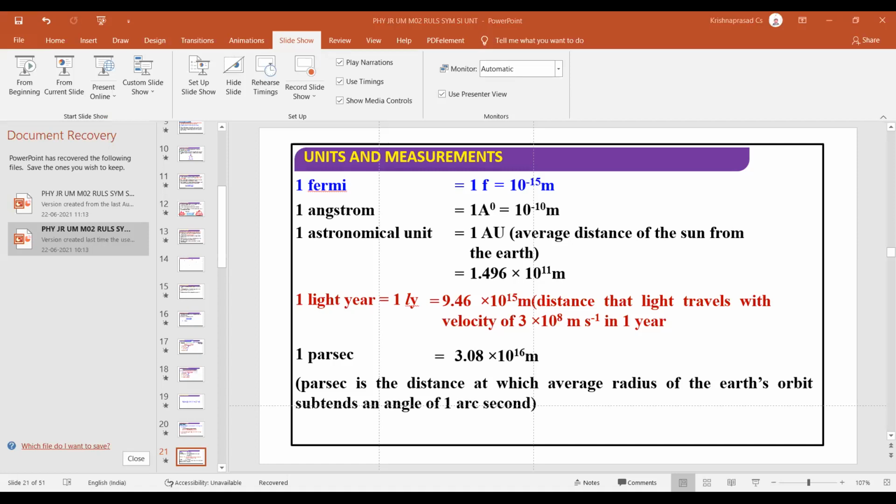I had kept it here. Give me a minute. One astronomical unit. Okay, there's an image. Just give me a minute.